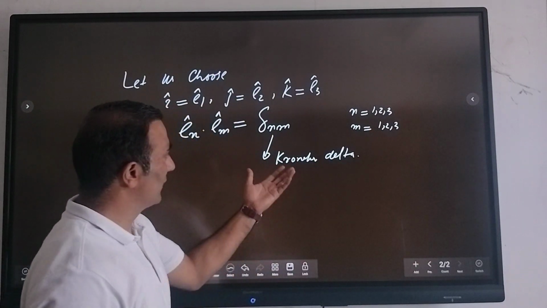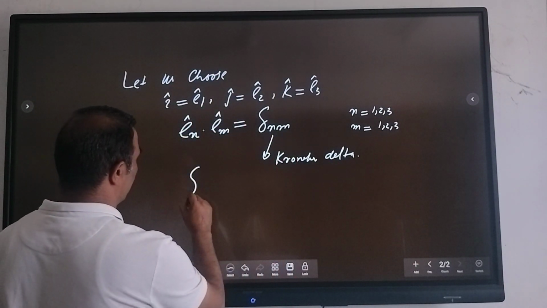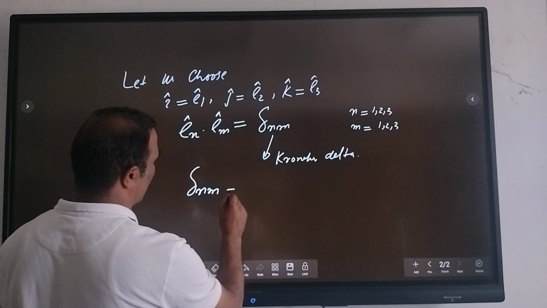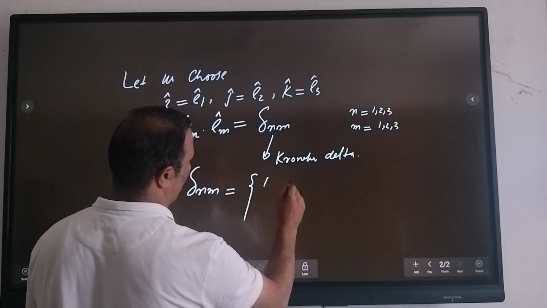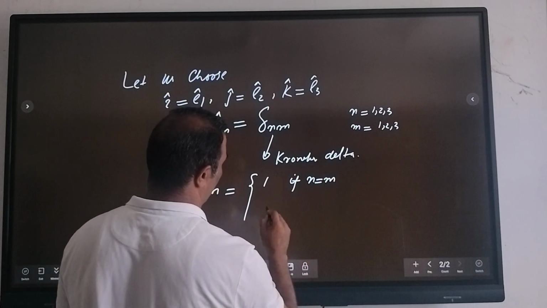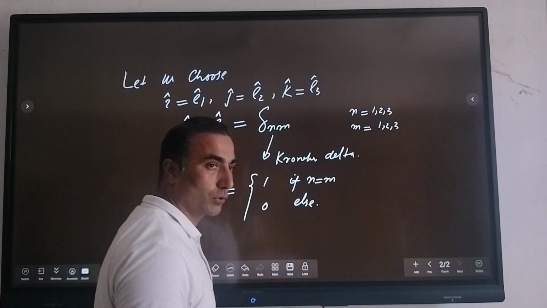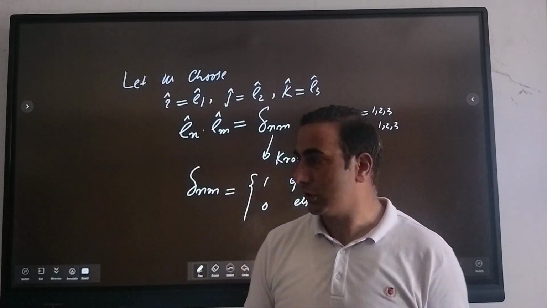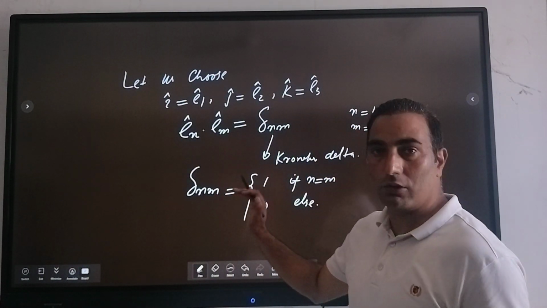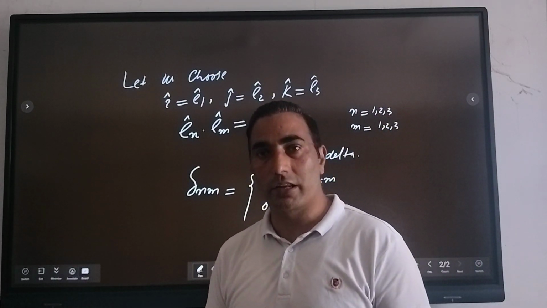So this canonical delta has some properties: delta nm is equal to 1 if n is equal to m, and it is equal to 0 otherwise. That means if n is not equal to m, right?